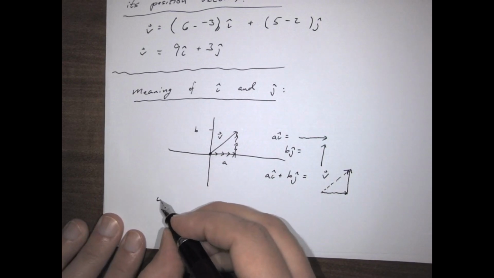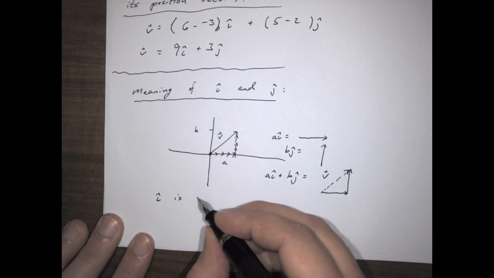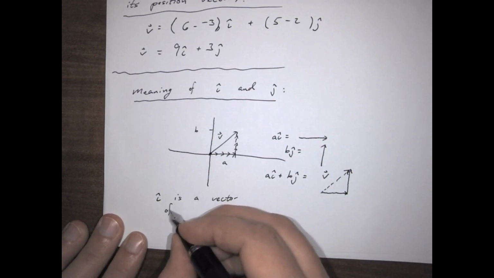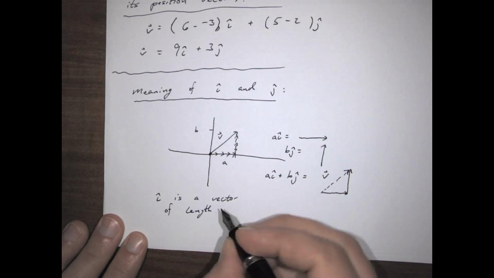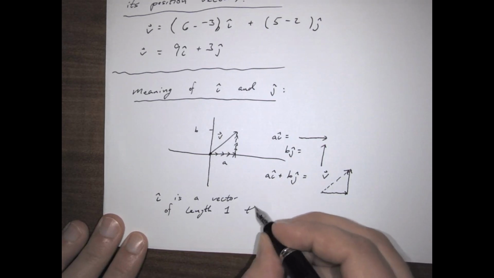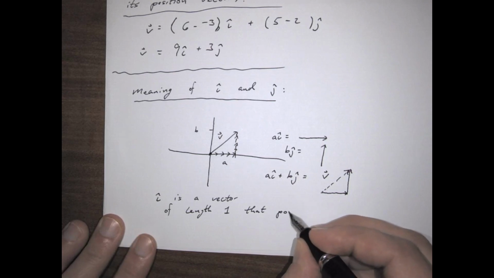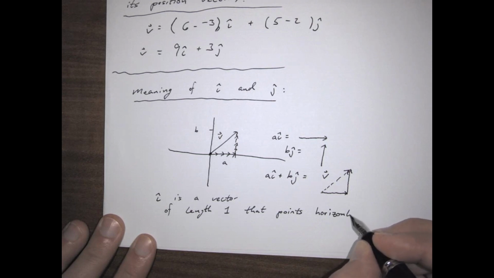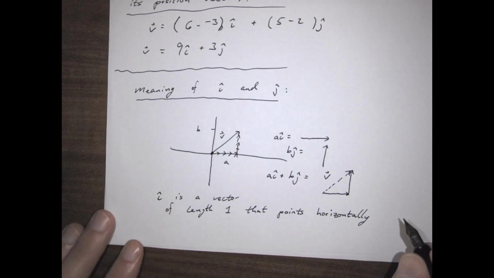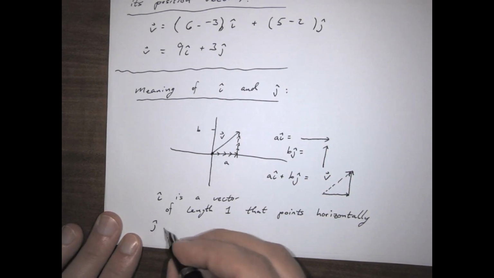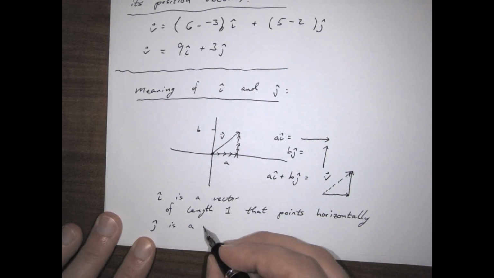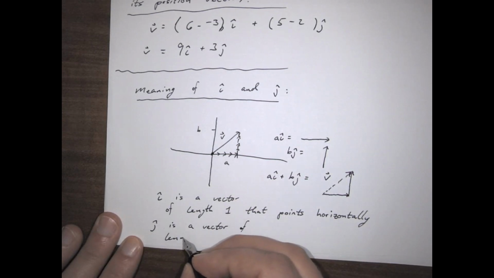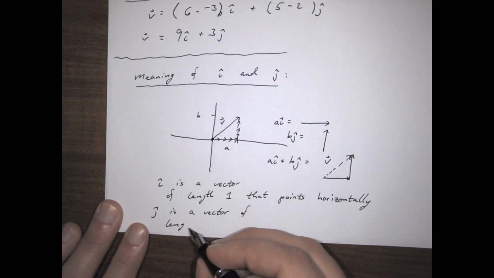So i is a vector of length 1 that points horizontally, and j is a vector of length 1 that points vertically.